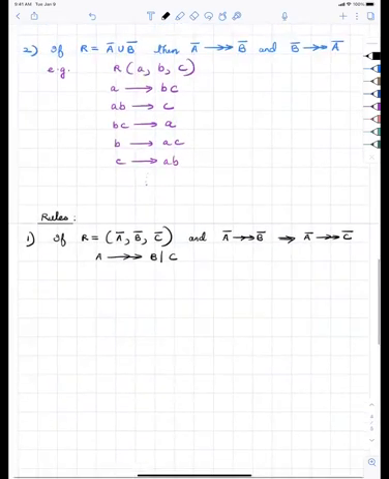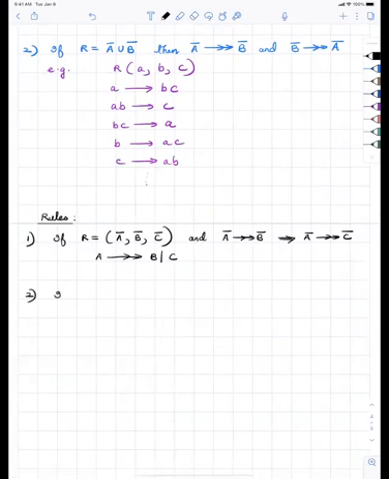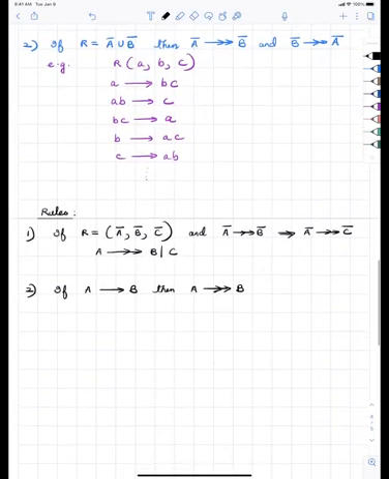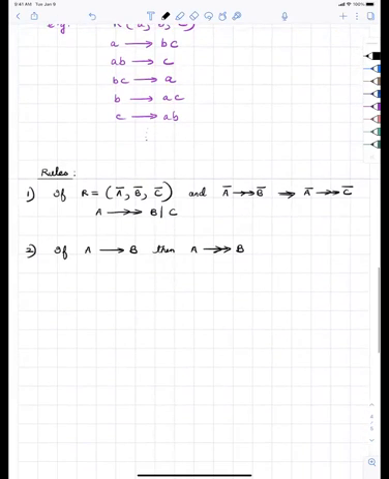Then we have rule number 2. If A functionally determines B, then A will multi-value determine B. I would call it a trivial MVD, but anyway, the trivial ones are the first 2 that I listed above. Then the third one: remember we had a splitting rule for functional dependencies.